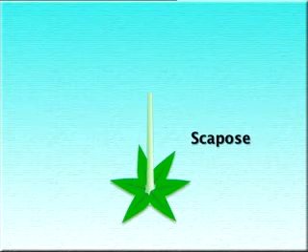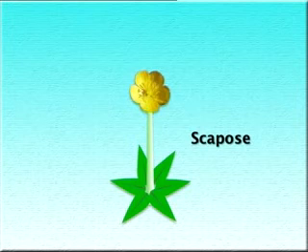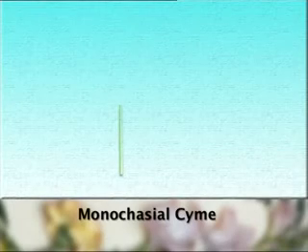In some cases, one or more flowers arise on a leafless peduncle, also called a scape, usually from a basal rosette. Such an inflorescence is termed as scapose. Such type of inflorescence can be seen in tulips. The second type of Cymose inflorescence is the uniparous or monochasial cyme, in which the main axis terminates in a flower.